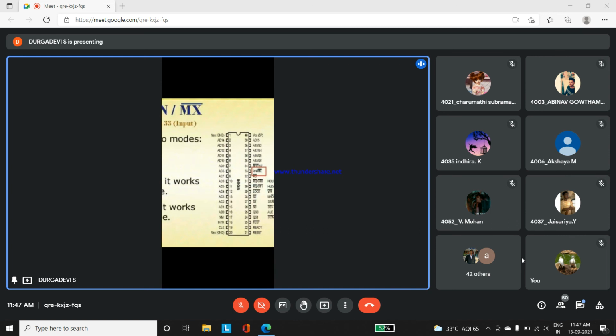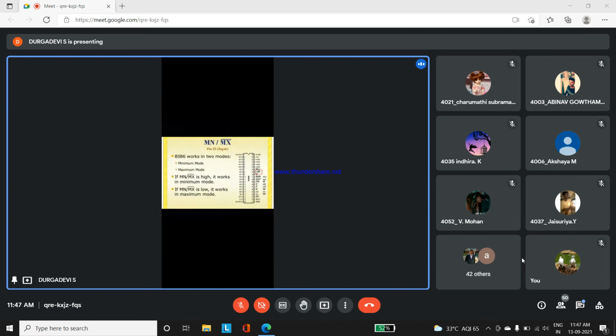See the pin number 33. MN/MX is a very important pin. 2 marks I will ask you. MN means minimum, MX means maximum. What do you mean? If a system has your processor, an input device, and an output device, in your lab also, you'll have one processor.